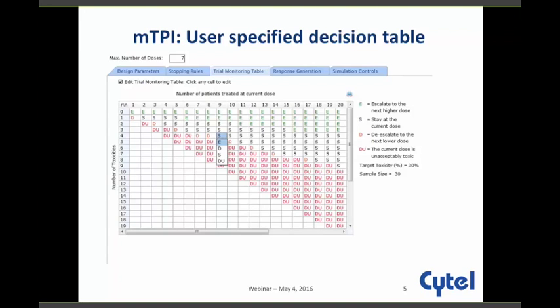This is a new feature on the software. So far, we were able to present this trial monitoring table when we are actually running the trial within the interim or execution mode of the software.